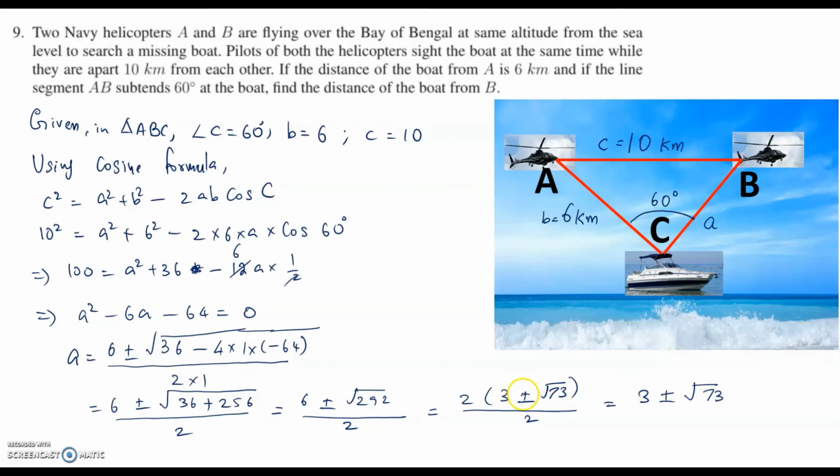Since 3 minus root 73 is not possible, as it has to be a positive number, our answer here is a is equal to 3 plus root 73.